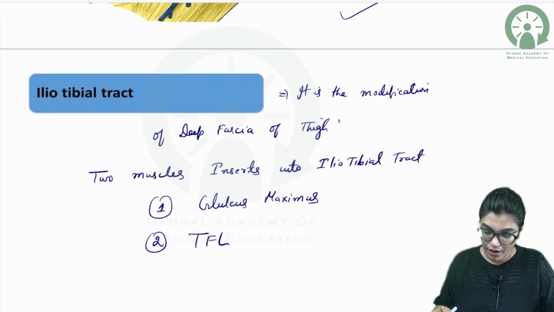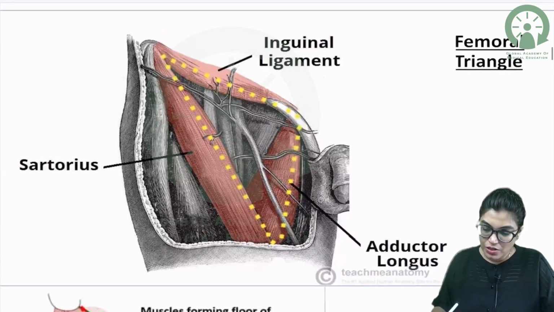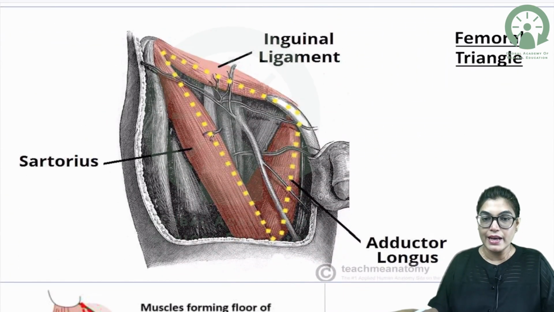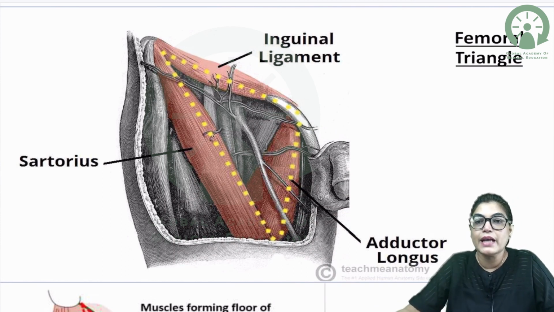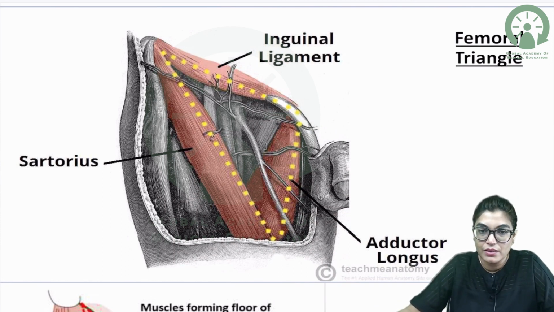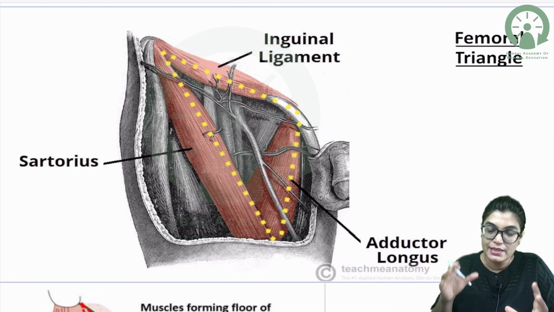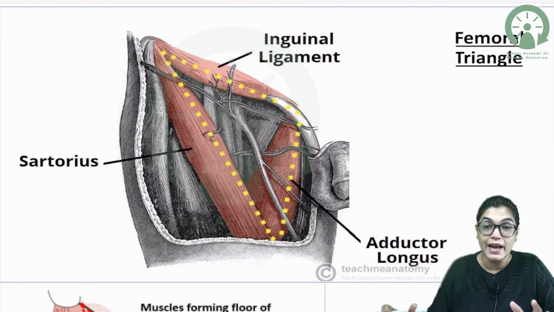Now, let's talk about another important topic of the anterior aspect of the thigh region, that is the femoral triangle. It is a triangular depression in the anterior aspect of the thigh.